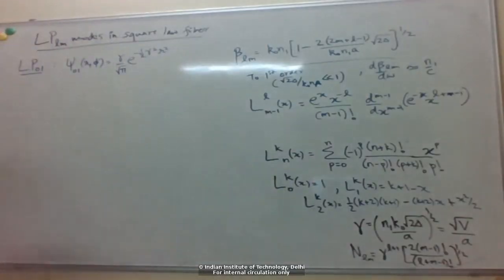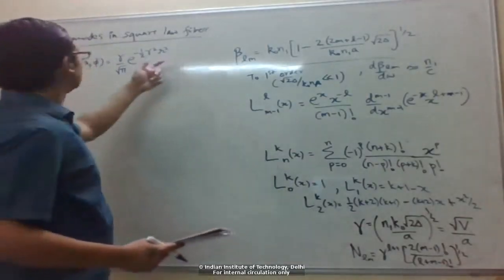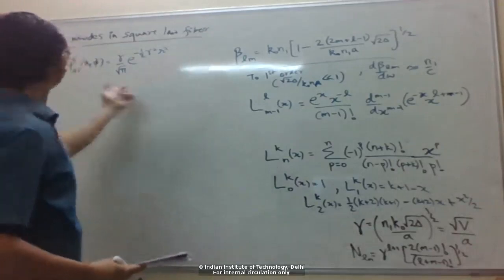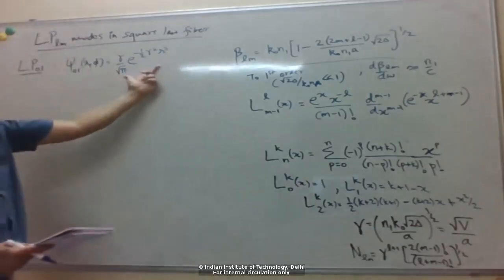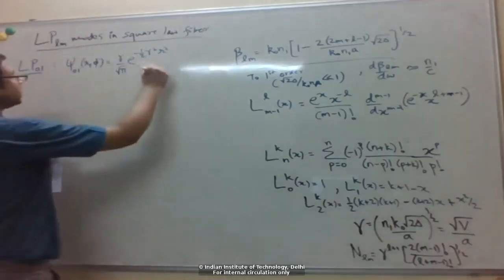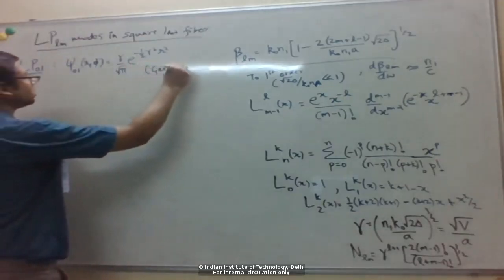The polynomial part is just 1, and the azimuthal dependence, sine alpha and cosine alpha, is also a constant because L is 0. That's the only part of the mode which remains, so you can see explicitly it's a Gaussian mode profile.